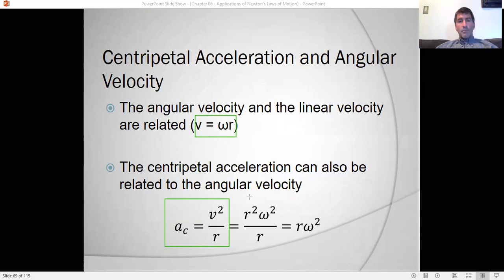If we replace v with omega r up in the numerator, we get r squared omega squared. One of the r's cancels out with one of the r's down here, and now our centripetal acceleration goes by r times omega squared. Okay, how many rotations? I'm sorry, 2 pi radians per second is omega. If it's 1, that's normalized.